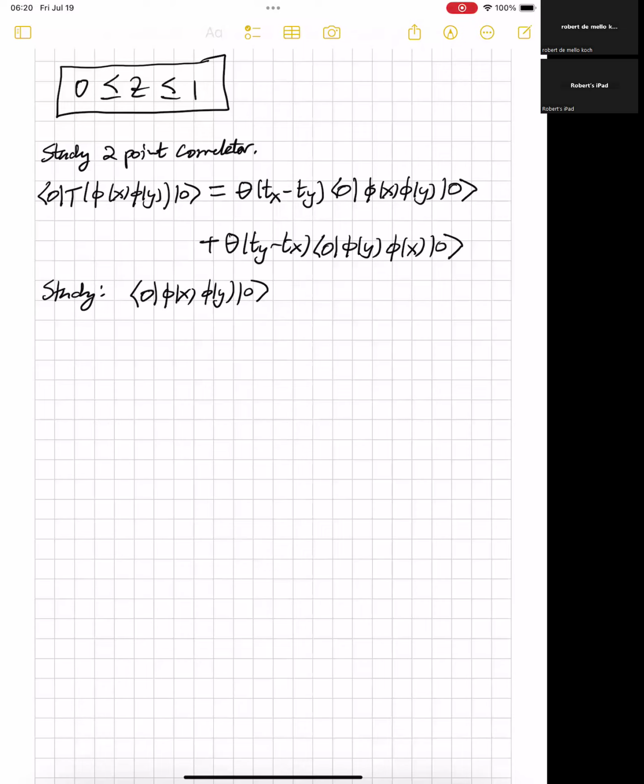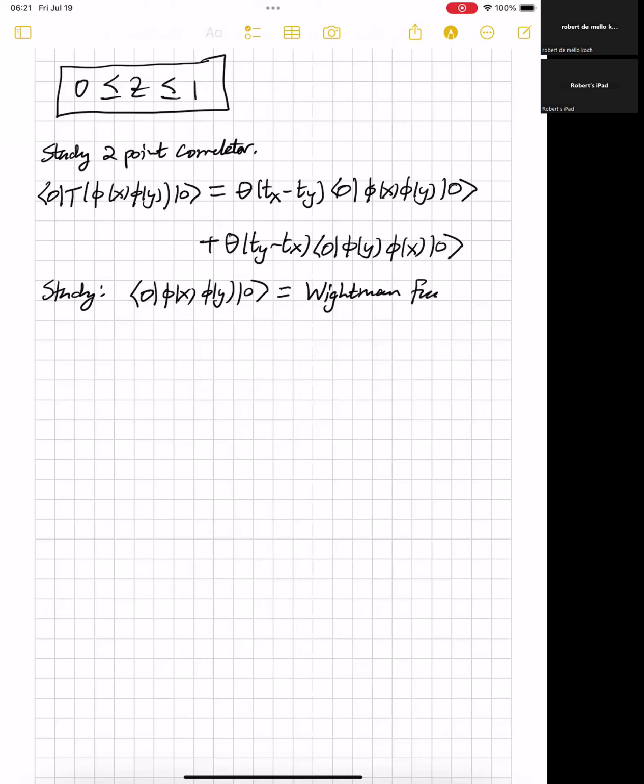And it turns out that there's a lot of good reasons to study this correlator. As we will see, it's very easy from this correlator to, for example, derive a relation between the model parameters and the physical mass. This correlation function has a name. It's called a Wightman function, or Wightman correlation function.